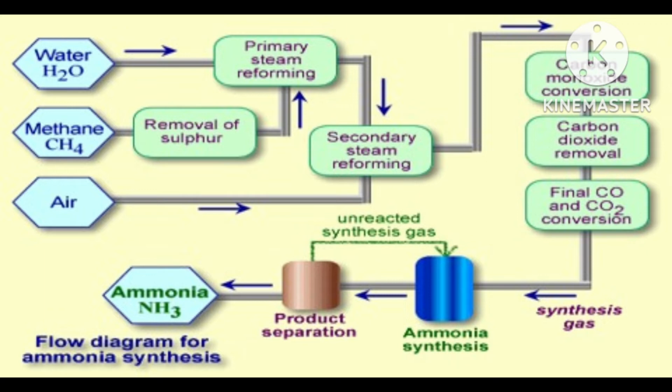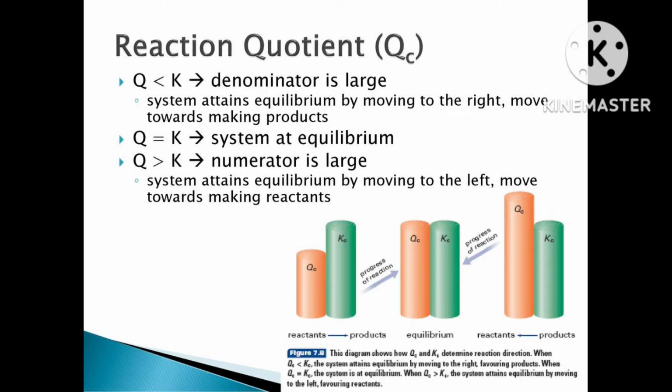Then I will tell you these things. Take the reaction H2 plus I2 equal to 2HI. The Qc value for this reaction is HI square divided by H2 into I2.